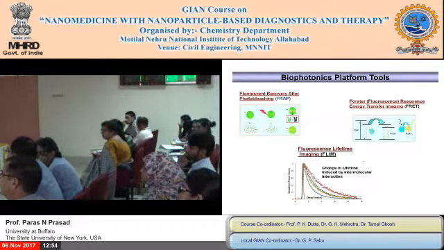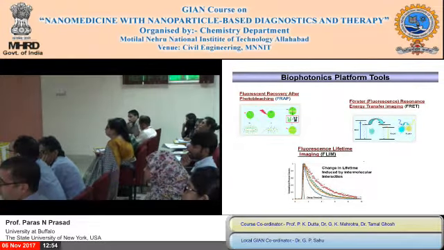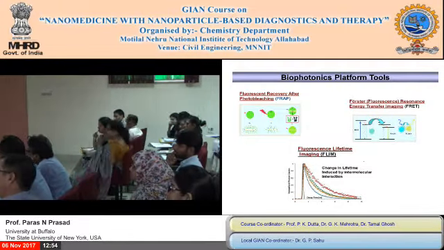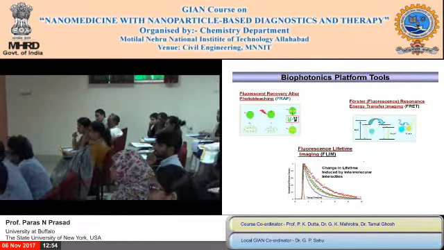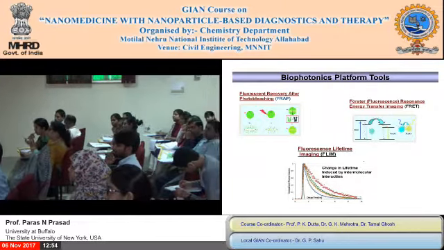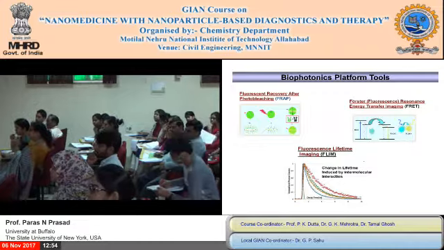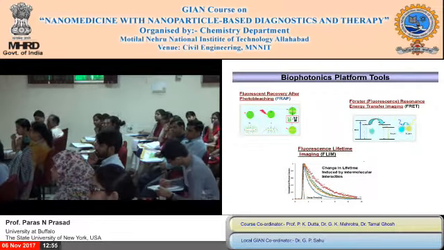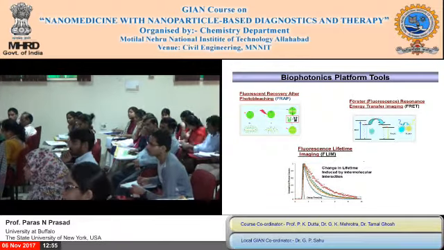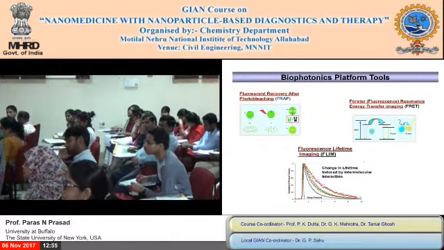Here is an example of this that we utilize. One of them is fluorescence lifetime imaging. The microenvironment is very dependent on what kind of tumor or cell you have. A cancer cell has a very different microenvironment than a normal cell.